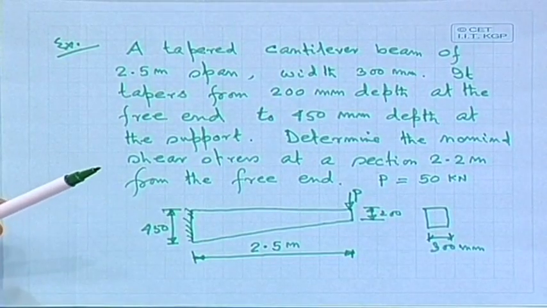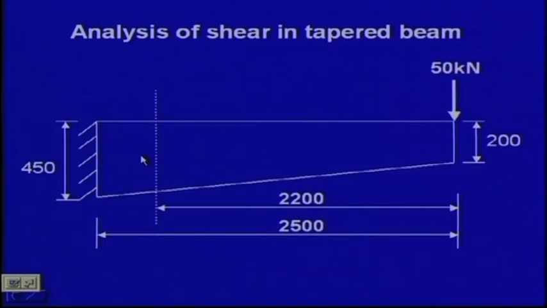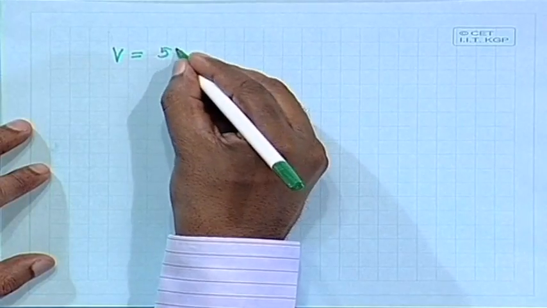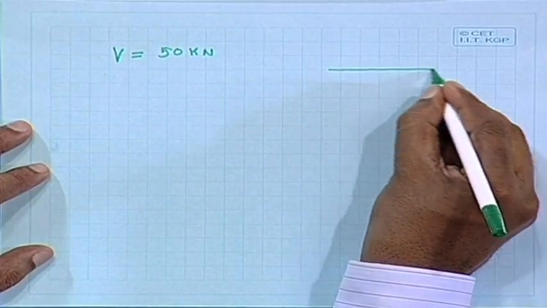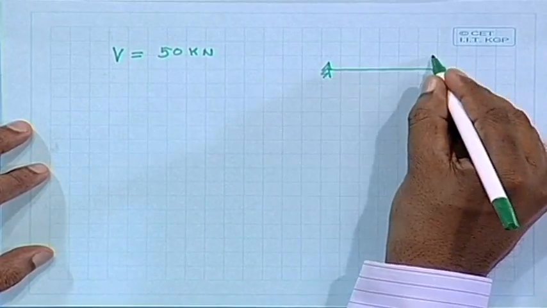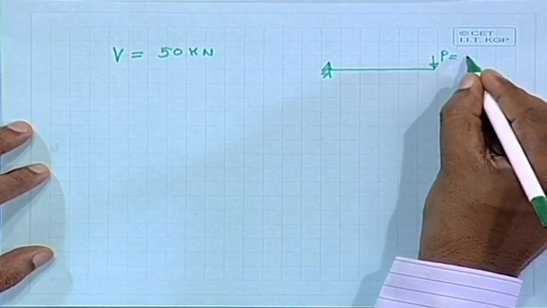Before going for design, you have to find out that V due to this varying depth. So, V equal to how much? That shear force V, that P equal to 50 kilonewton.